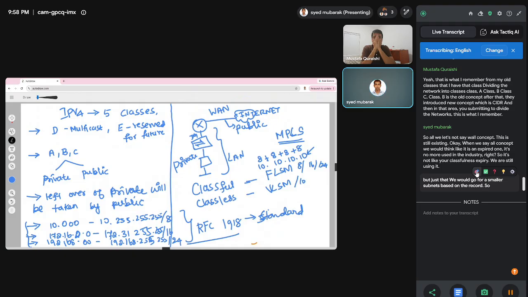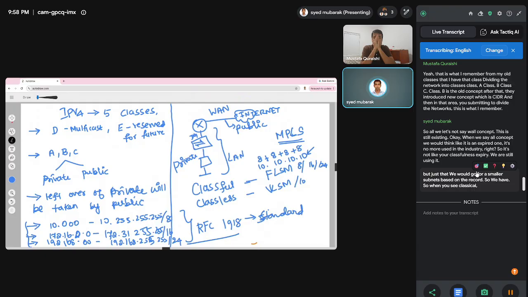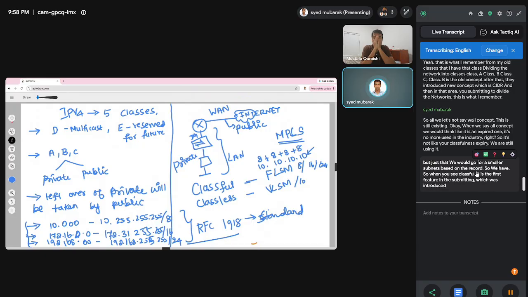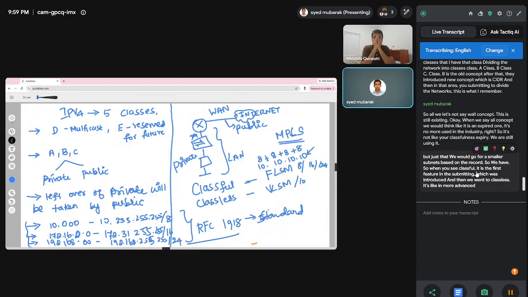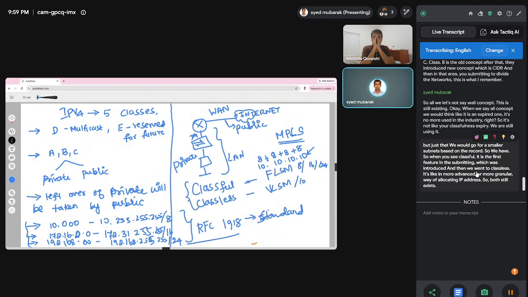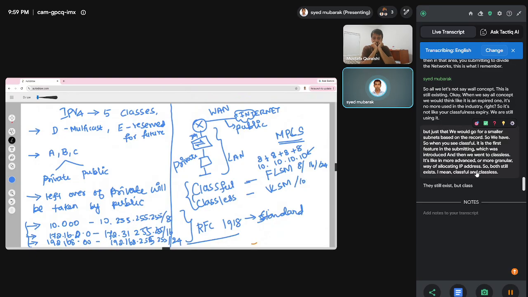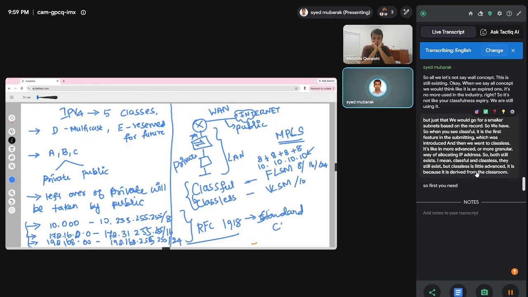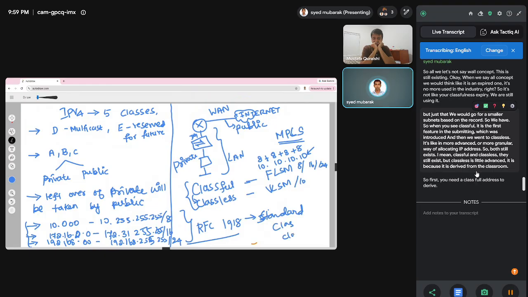When you say classful, it is the first feature in subnetting which was introduced, and then we went to classless. It's a more advanced, more granular way of allocating IP addresses. So both still exist, classful and classless, but classless is a little more advanced because it is derived from the classful. First you need a classful address to derive your classless.